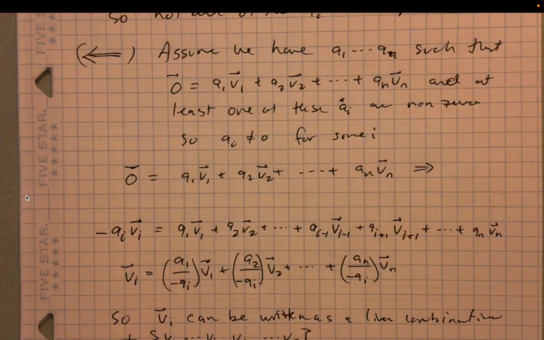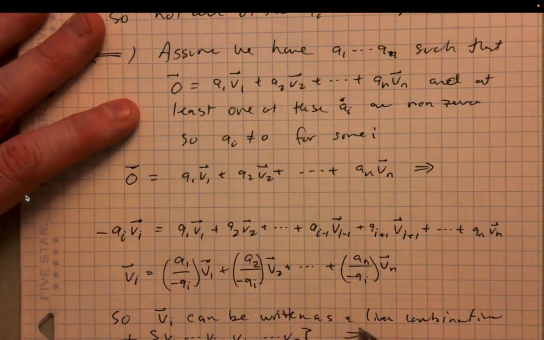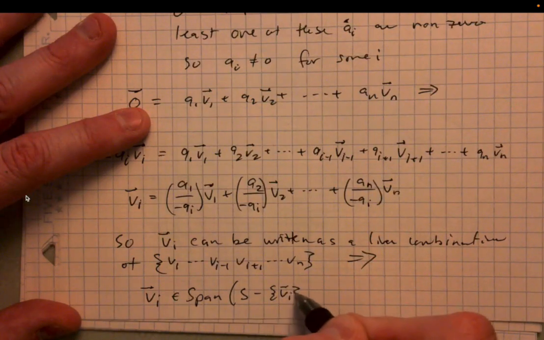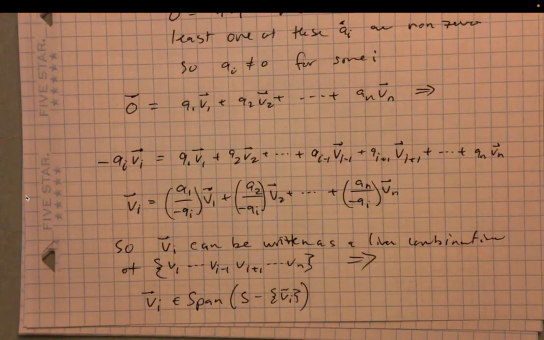And if that's true, then it's in the span. vi must be in the span of whatever S is minus vi. Does that make sense? So vi is in the span of S minus vi, and S is linearly dependent.